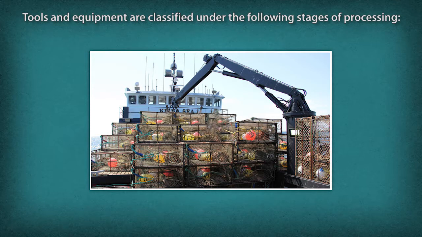Tools and equipment. Tools and equipment used in fish and seafood processing can be classified under the following stages of processing. Receiving.